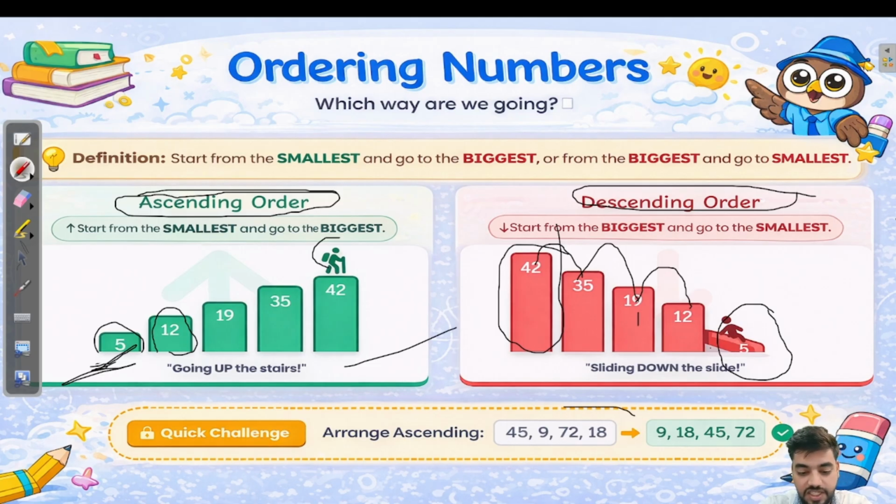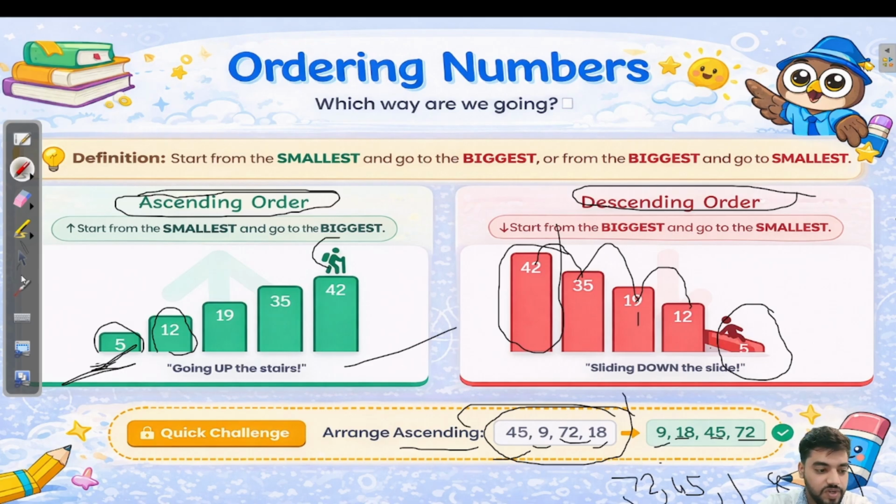Now you can see the challenge here: 45, 9, 72 and 18. If I tell you to arrange these numbers in ascending order, we can arrange them as 9, 18, 45 and 72. Same if I ask you to arrange these numbers in descending order, you can arrange them as 72, then 45, then 18, in the last 9.